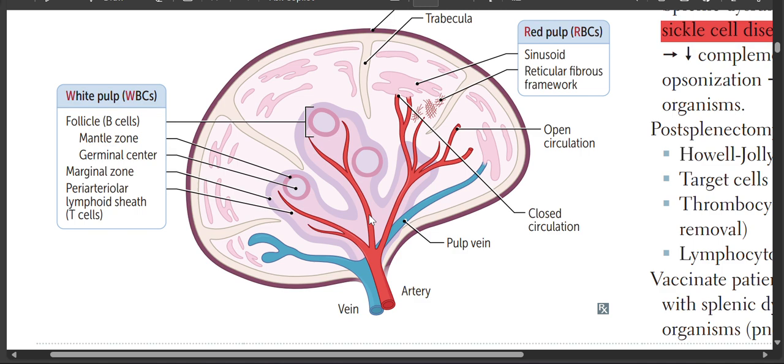One quick side note: the way this will work is, let's say a cell comes in, and the cell has some virus inside. The T cells will recognize the MHC class and recognize that this cell is infected by a virus, and the T cells will consume that infected cell.